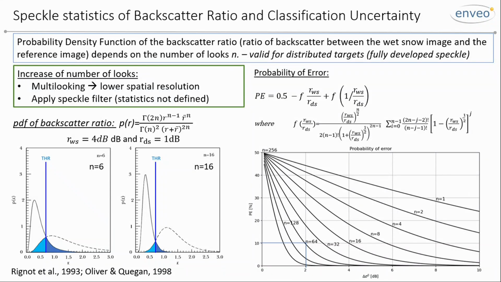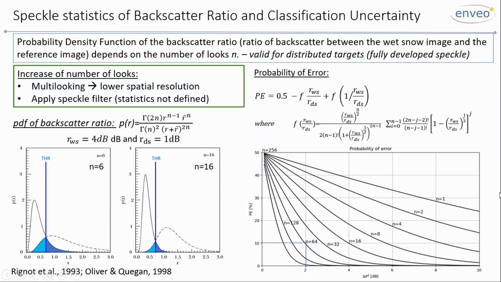What is a typical resolution that you need in the product? In my opinion, I prefer the multi-looking, so the averaging. The advantage is that you know the image statistics behind it. Once you start with filtering, like gamma filter, Frost filter, or whatever, these typical speckle filters, the statistics behind are not known anymore. Why is this important? For a classification, I can calculate the probability of error independent of the number of looks for a distributed target.